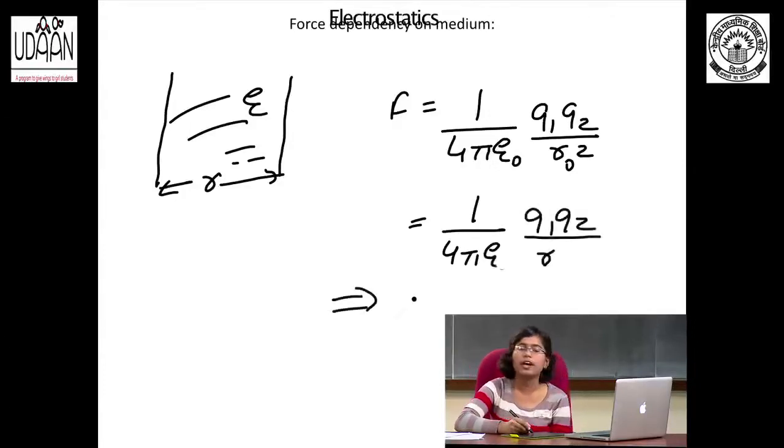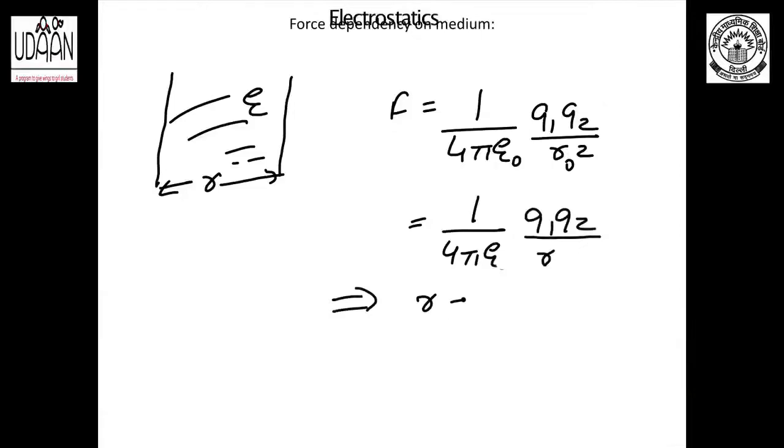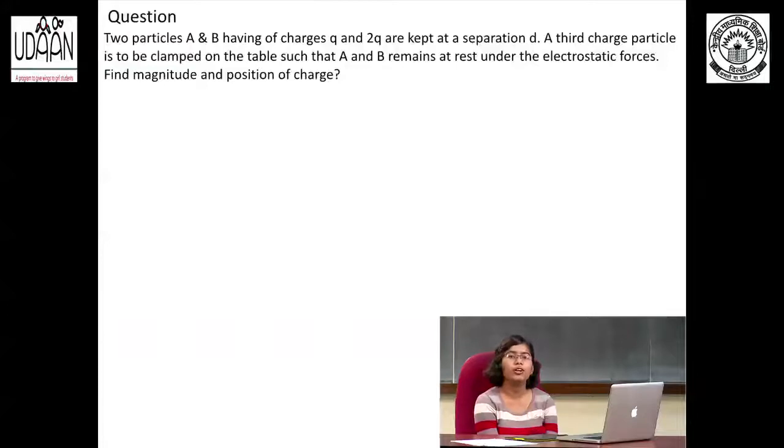So we find that the equivalent distance would be equal to R = R0 root ER, where ER is the relative permittivity. So far we have studied the principle of superposition and the force dependency on the medium. Now let us do examples based on that.